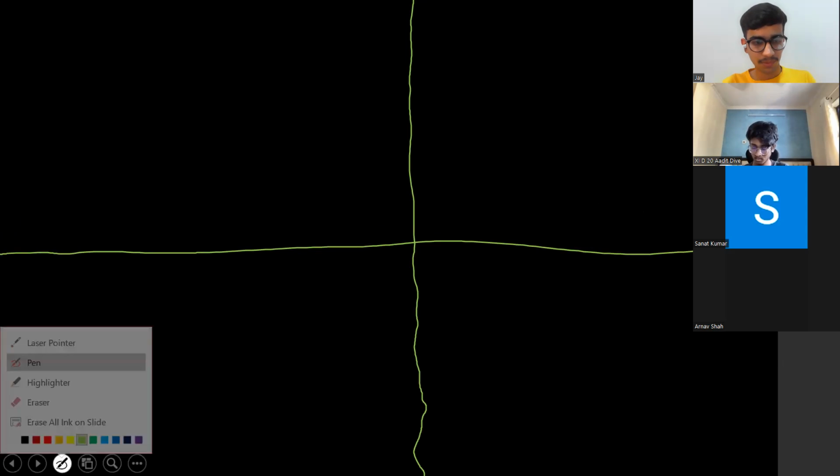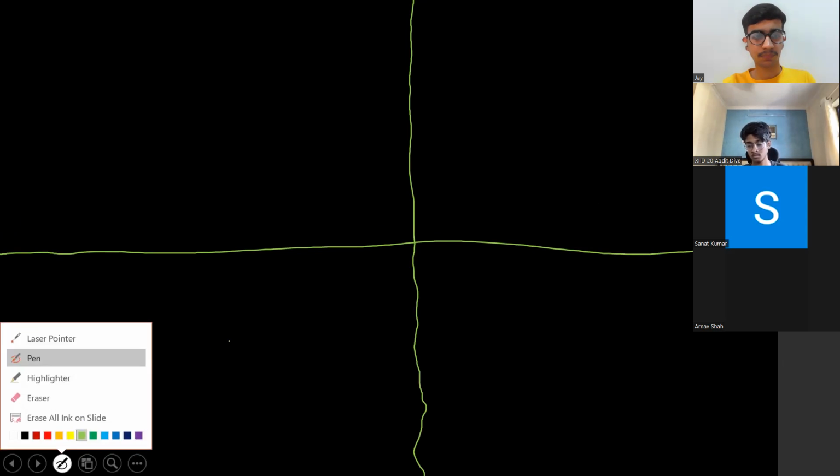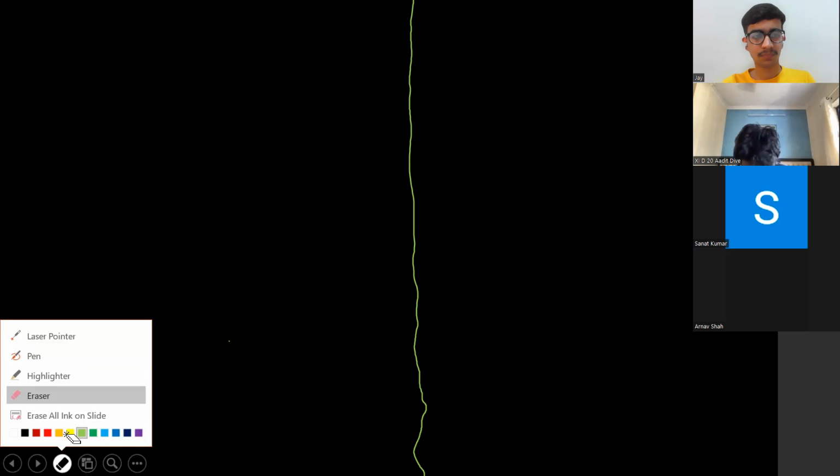Don't we have line options in this? No. You can go to shapes and divide it into 4 parts. I don't want to do so much effort for just a line, so I'll make it by myself.